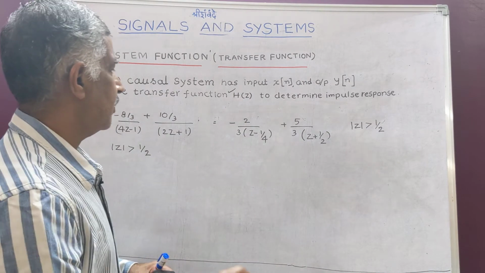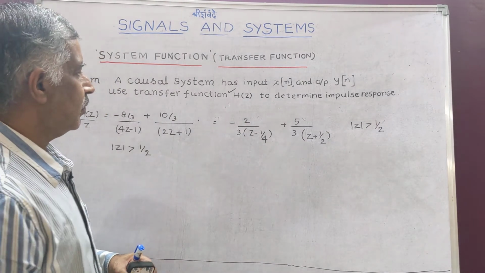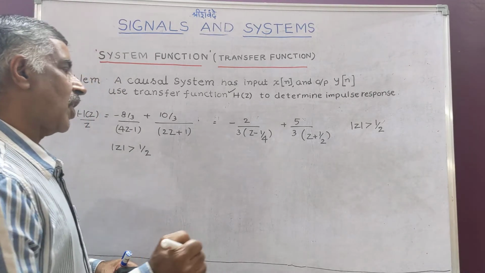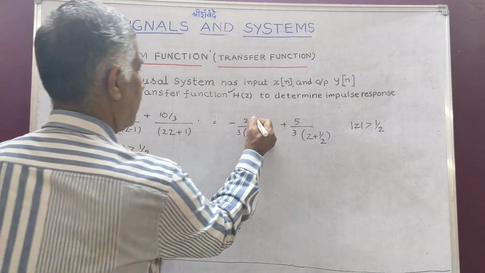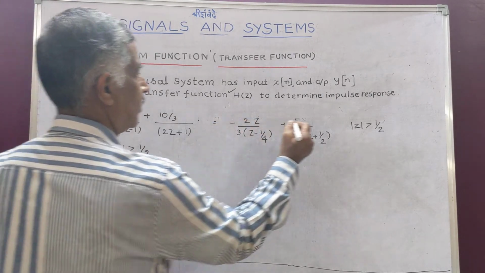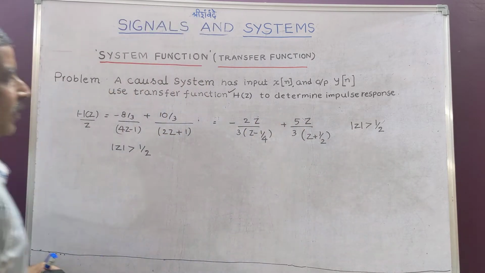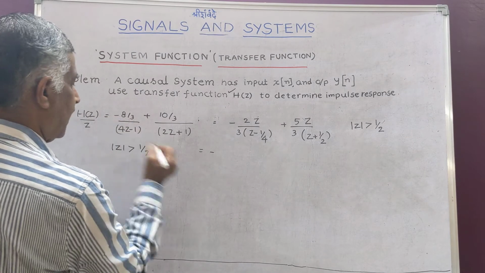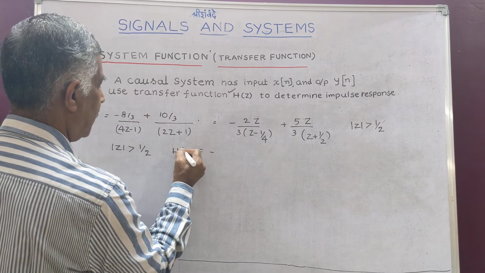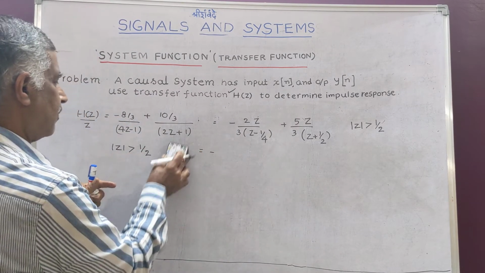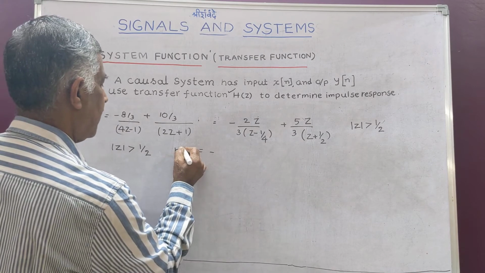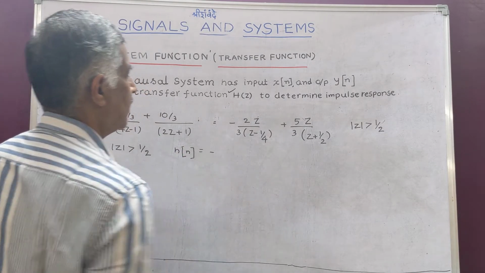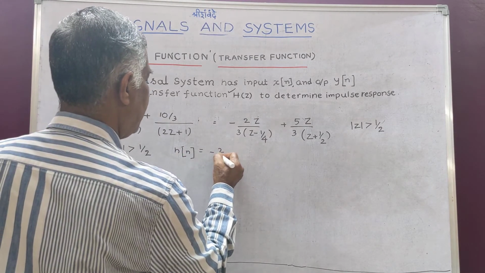Now you go back to the inverse z-transform by the partial fraction method. Now I will write h(n) equals −2/3.